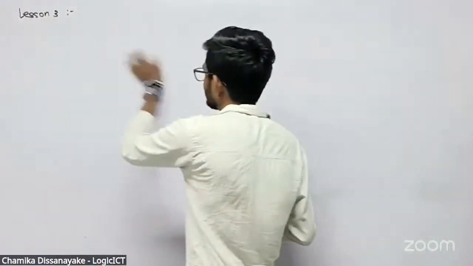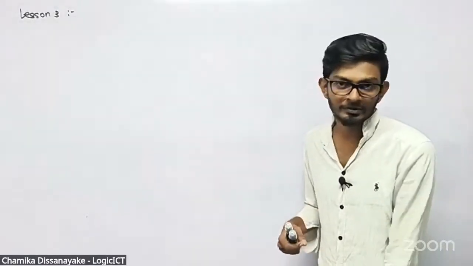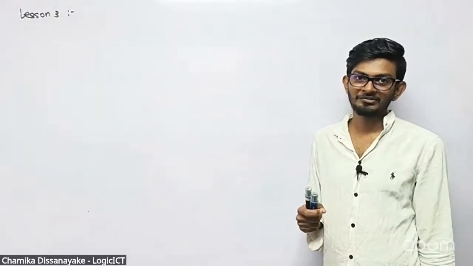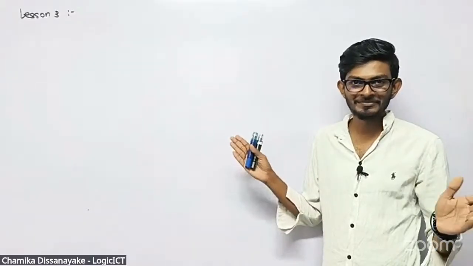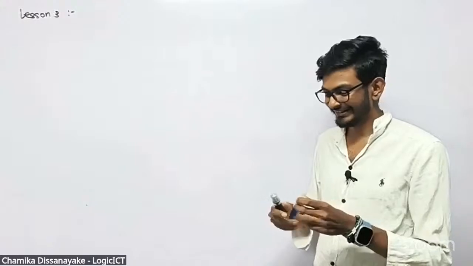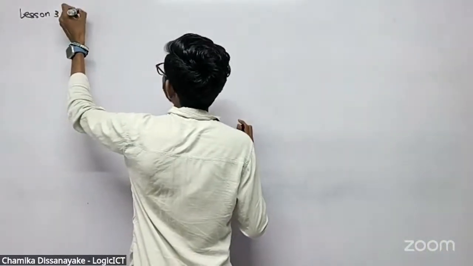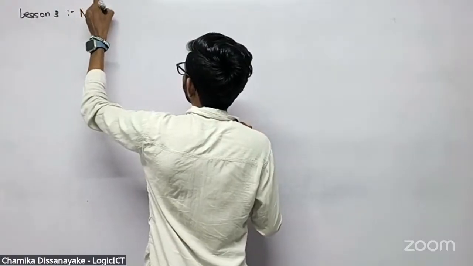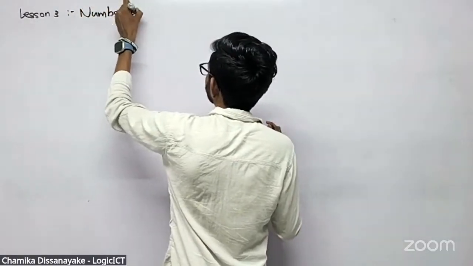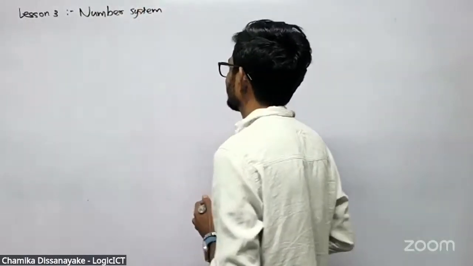Okay. So actually, lesson 3: data representation in computer system. As I told you, it is a very big name, so I'm going to write a short name. That name is number system. We can call this lesson number system and coding system.